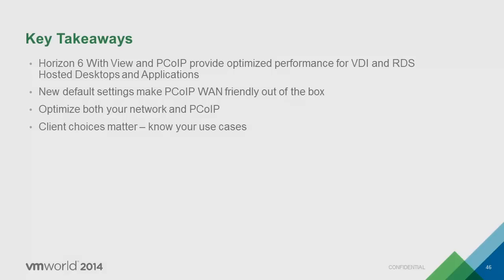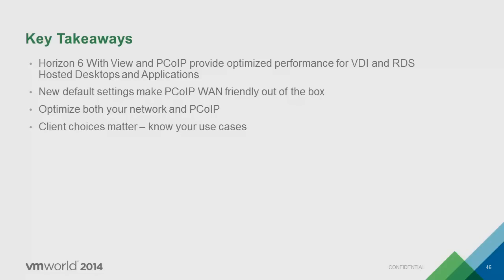Okay, so key takeaways. We talked about Horizon 6, some of the latest enhancements with View and RDS and PCoIP. We focused on really improving the end user experience for things such as video, increasing frames per second and focusing on the frame rate over the sharpness of the video, right? But we also wanted to give credit where credit is due.